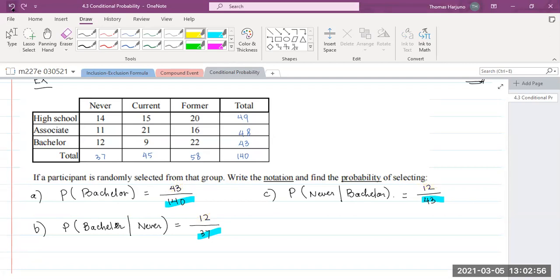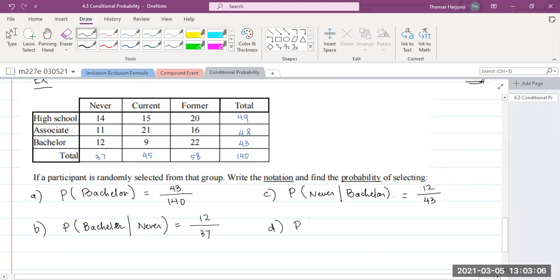Okay, now let me ask you to do two problems from here. I make up some two problems, and then would like you to do part D. What is the probability that somebody is a current smoker, knowing that person has only high school diploma?